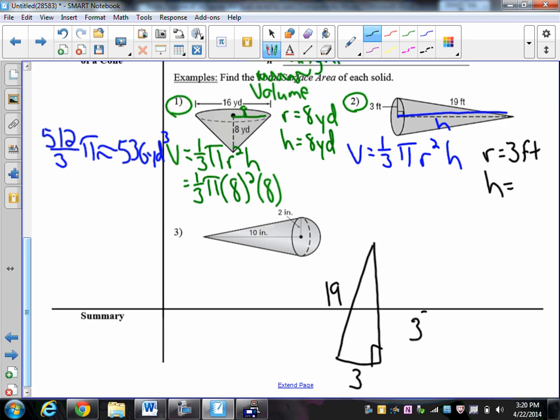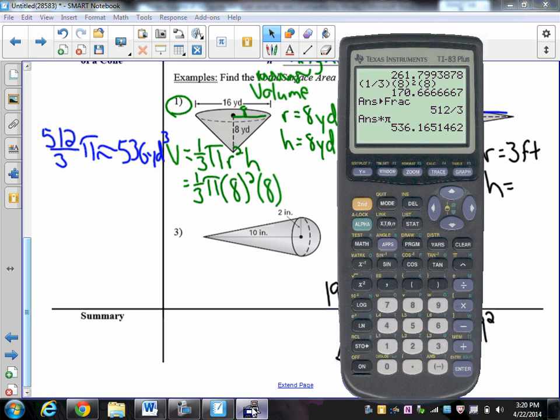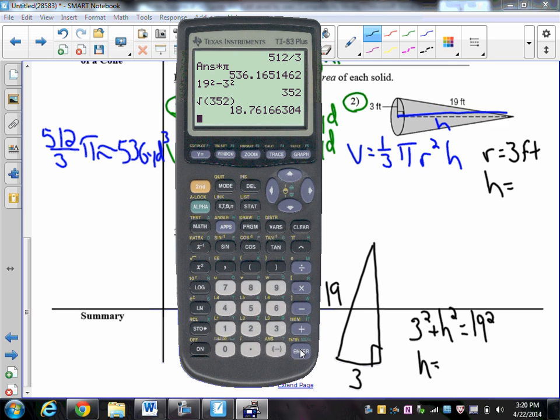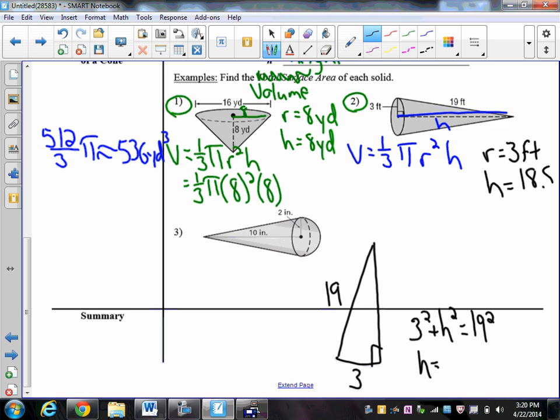So that means 3 squared plus h squared is going to be equal to 19 squared. So h is going to be equal to the square root of 352, which is about 18.8. So h is about 18.8 feet.